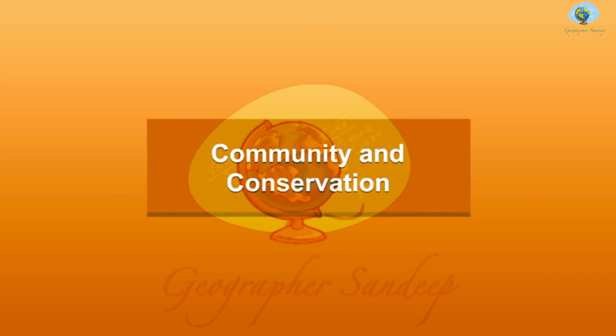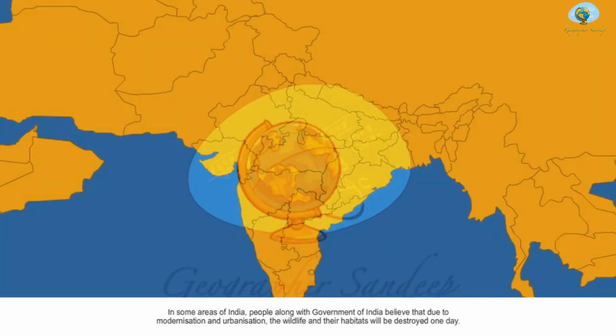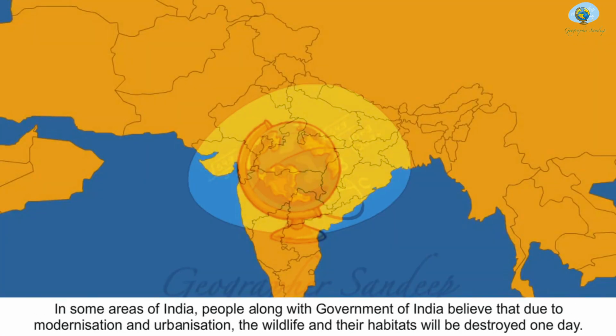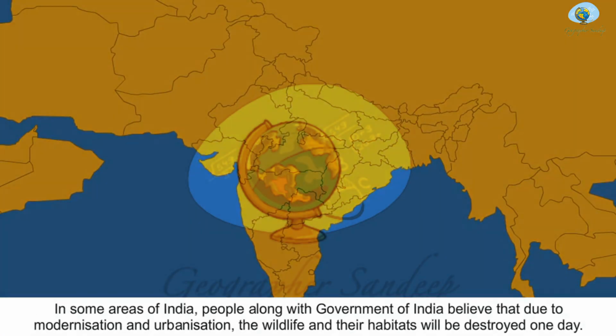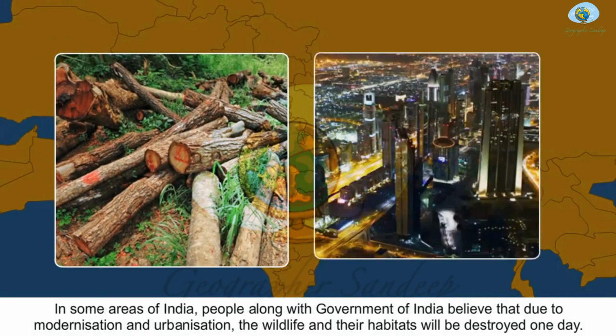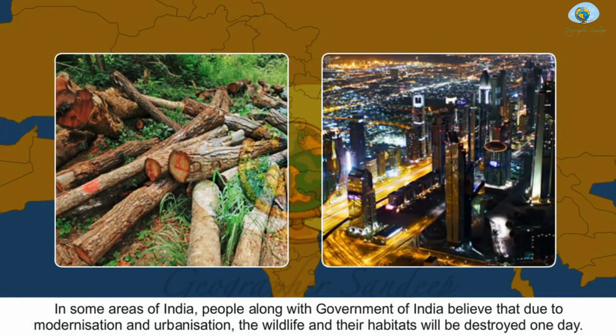Community and conservation. In some areas of India, people along with Government of India believe that due to modernization and urbanization, the wildlife and their habitats will be destroyed one day.